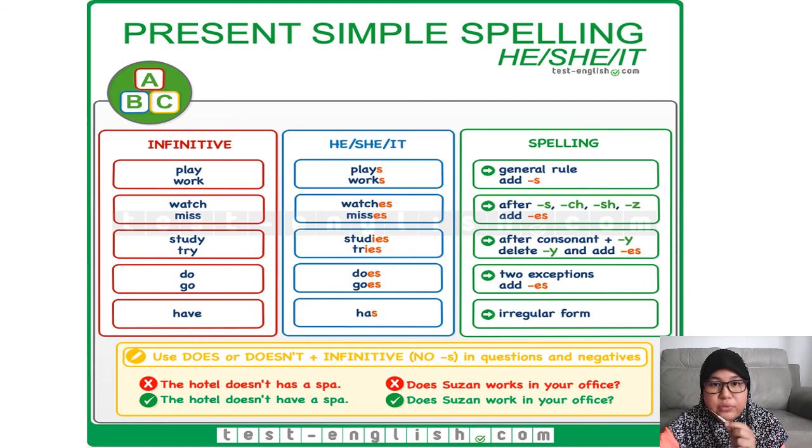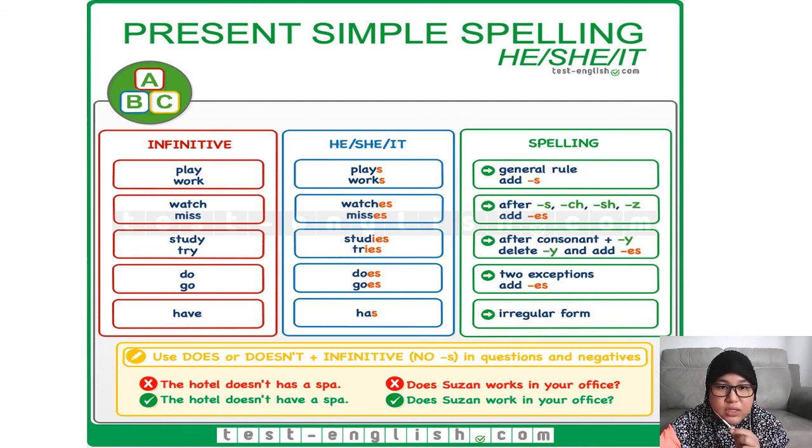Now we go to the present simple spelling for he, she, it. There are a few rules when you use present simple. Kalau awak nak tukarkan the affirmative verb into singular verb, you need to change the spelling.